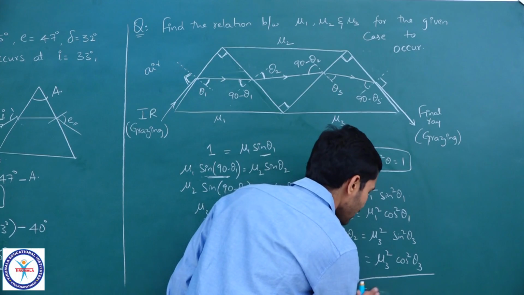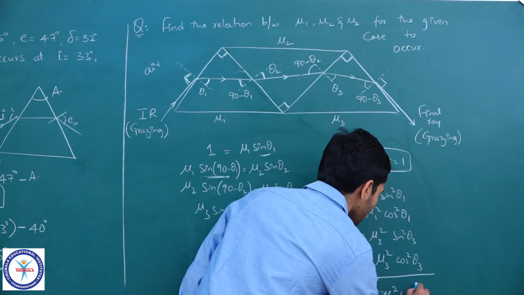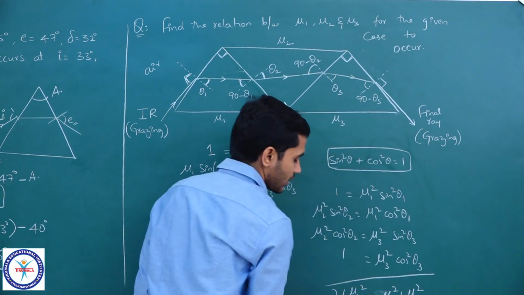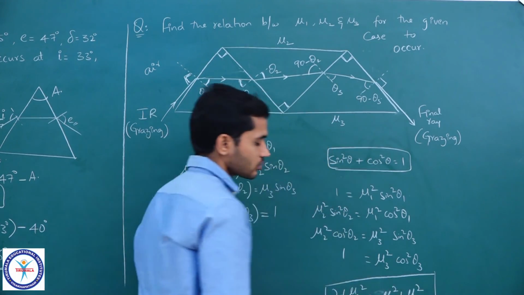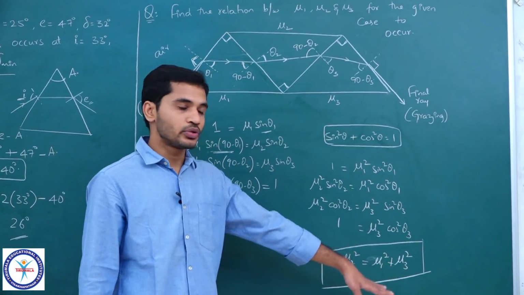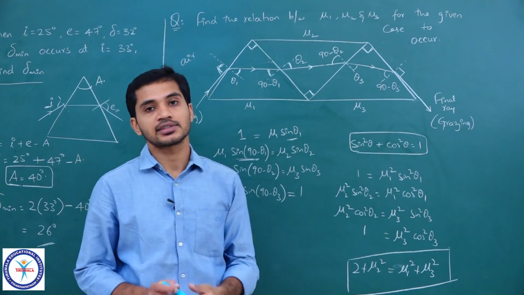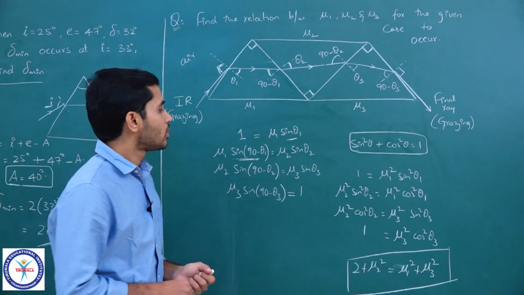So, on this side we have mu 1 square plus mu 3 square. This is the final condition that should be satisfied between mu 1, mu 2 and mu 3, such that this grazing incidence and grazing emergence scenario can happen.